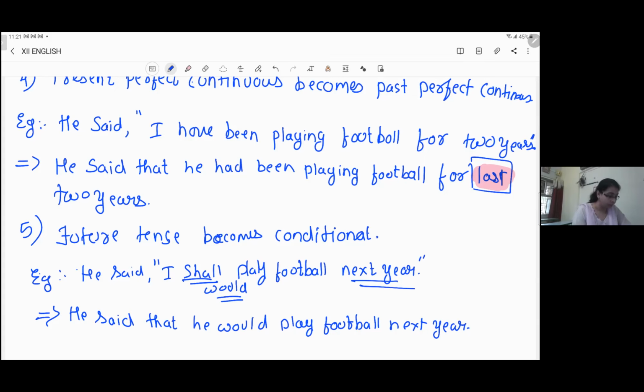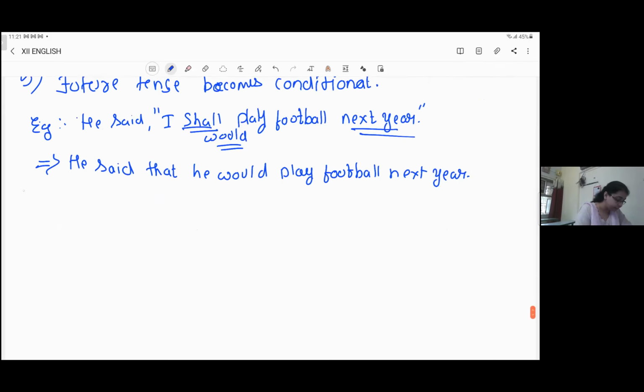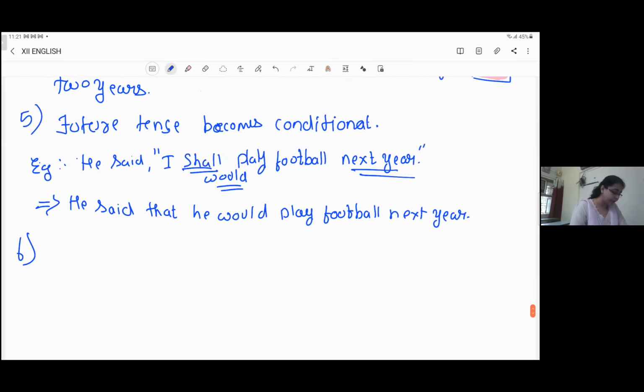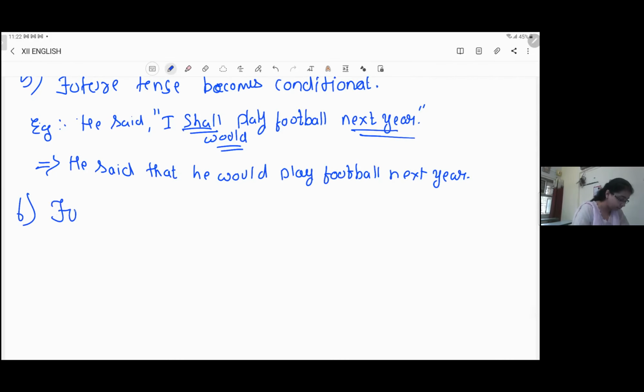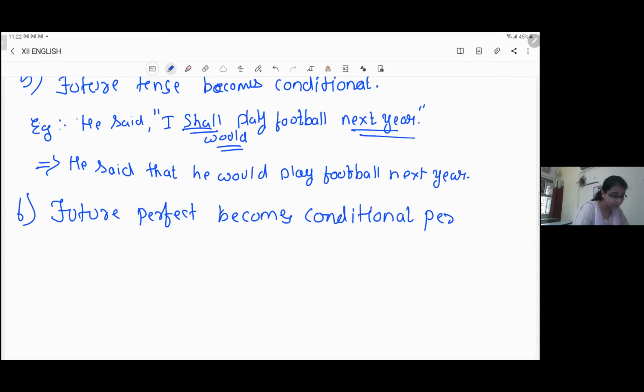Clear? Now, sixth one. Future perfect becomes conditional perfect. Write down. Future perfect. Clear. Now, write the example.